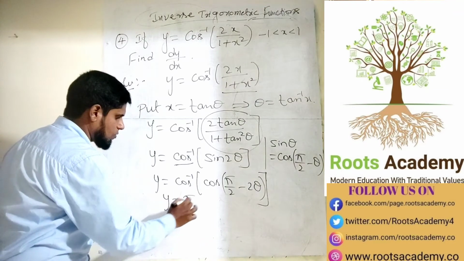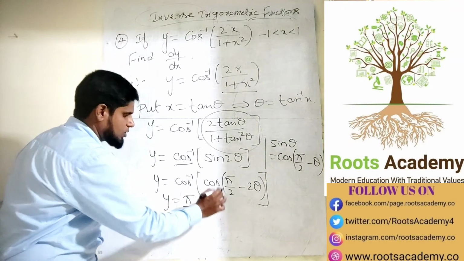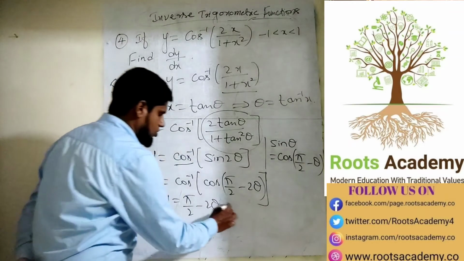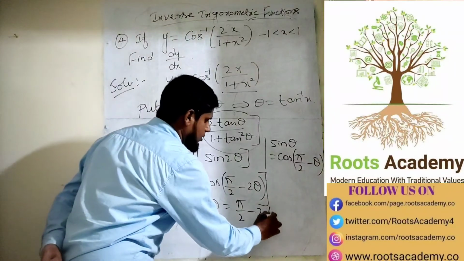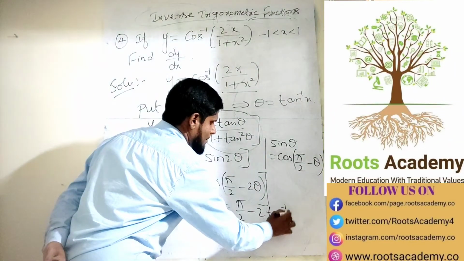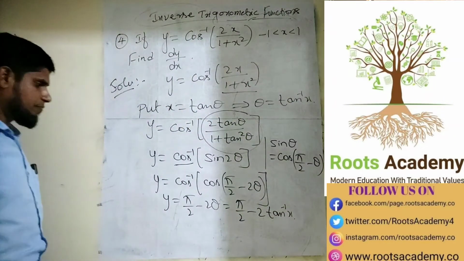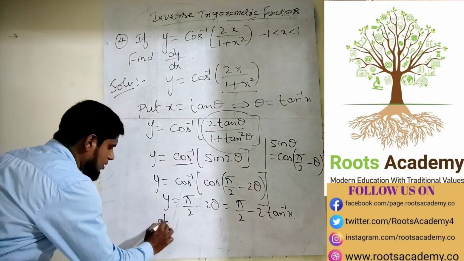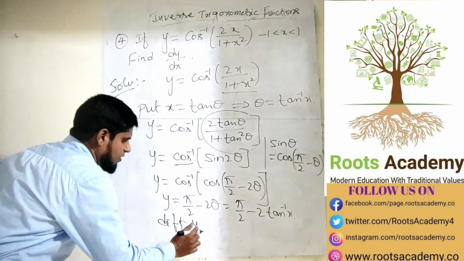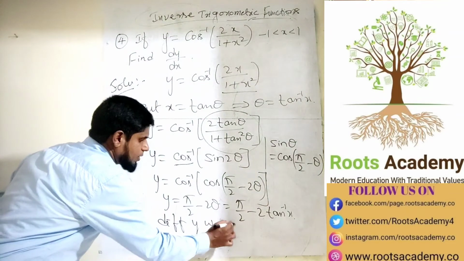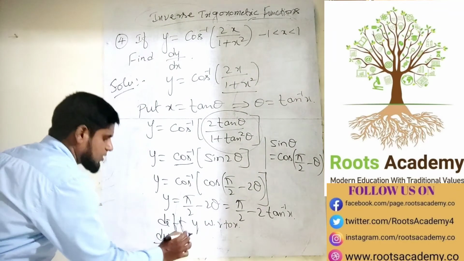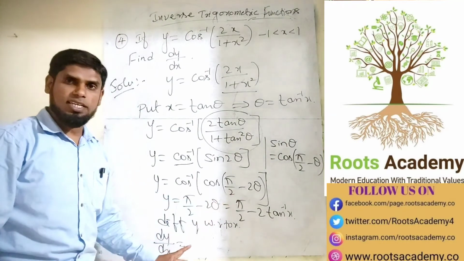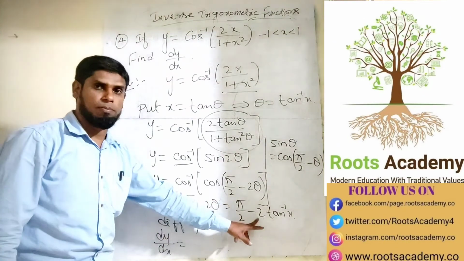So y is equal to pi by 2 minus 2 theta. Here our theta is tan inverse x. If I differentiate y with respect to x, then dy by dx is exactly similar to the last problem.